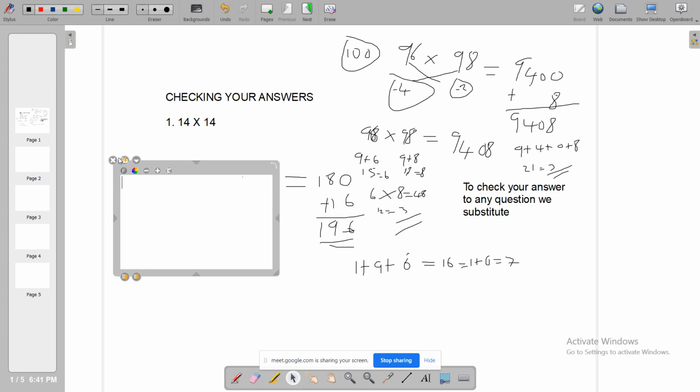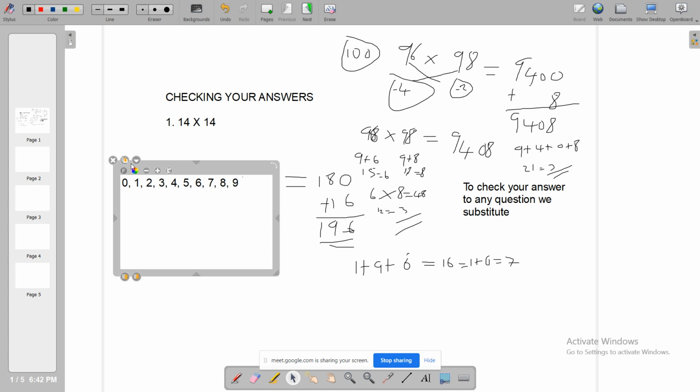Our alphabet starts from 0, 1, 2, 3, 4, 5, 6, 7, 8, 9.